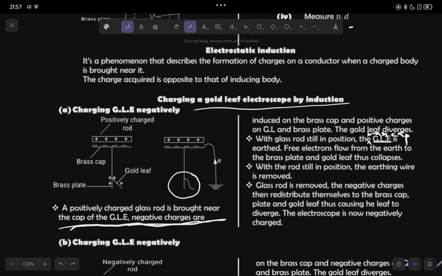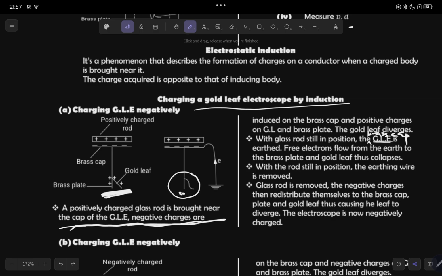So much as the positive charges had been pushed down the gold leaf and the brass plate, this time they are not moving through the earthing to escape to the earth because they are massive and they are not charge carriers. Instead, the electrons are moving from the earth to come and neutralize those positive charges on the brass plate and the gold leaf.